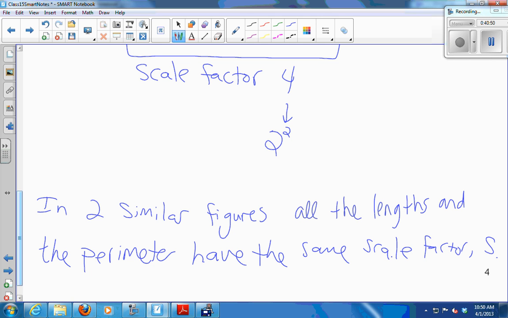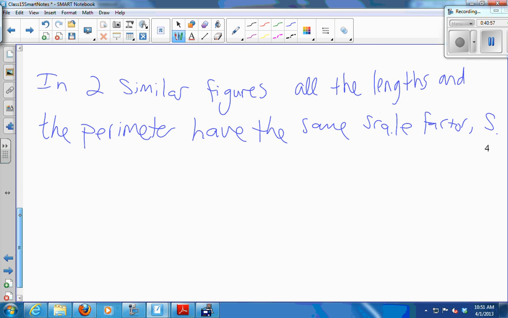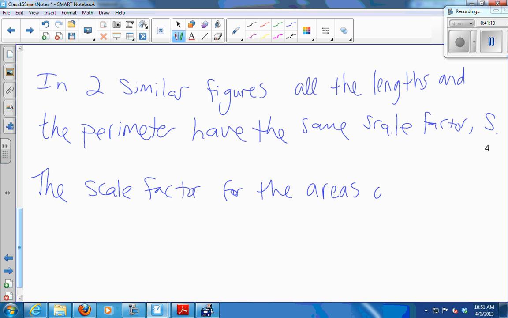Let's call it S. They have the same scale factor S. The scale factor for the areas of the two figures is S squared. Whatever the scale factor was for the lengths, you square it. That's your scale factor for the areas.